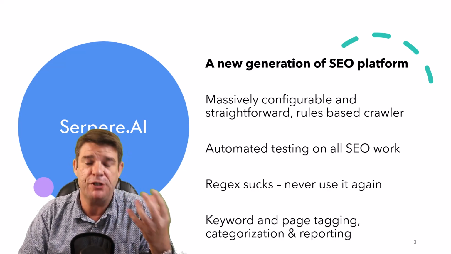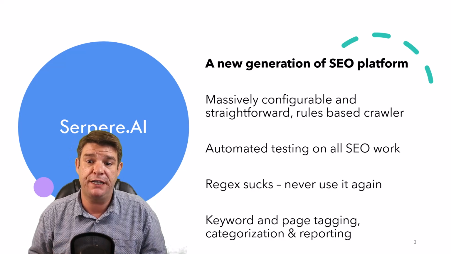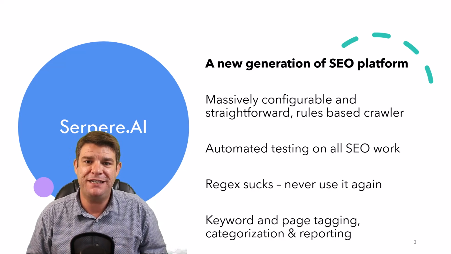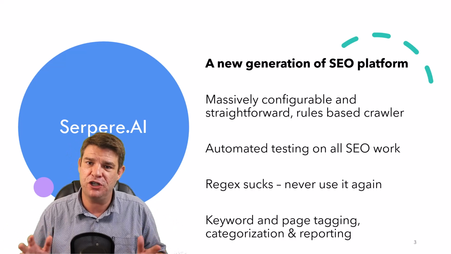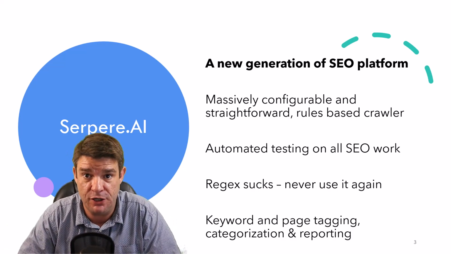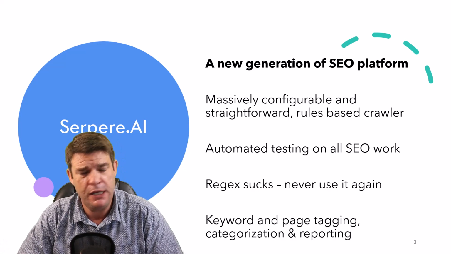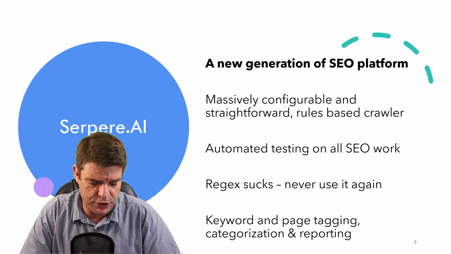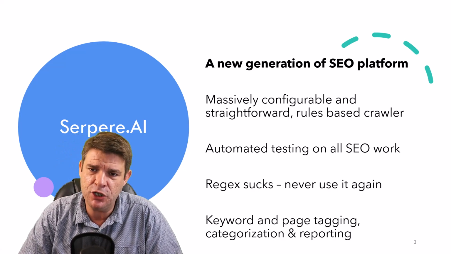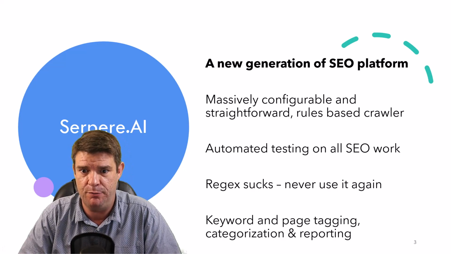But for this demonstration, what we're going to look at is the rules engine, how that applies to crawl data, how we handle automated testing on all of our SEO work, and some other quick features in there just for fun, like for instance, regex. I personally despise regex. I don't think I've ever been able to write a regex filter that I haven't had to Google first, or in 2023, ask ChatGPT to help me with.